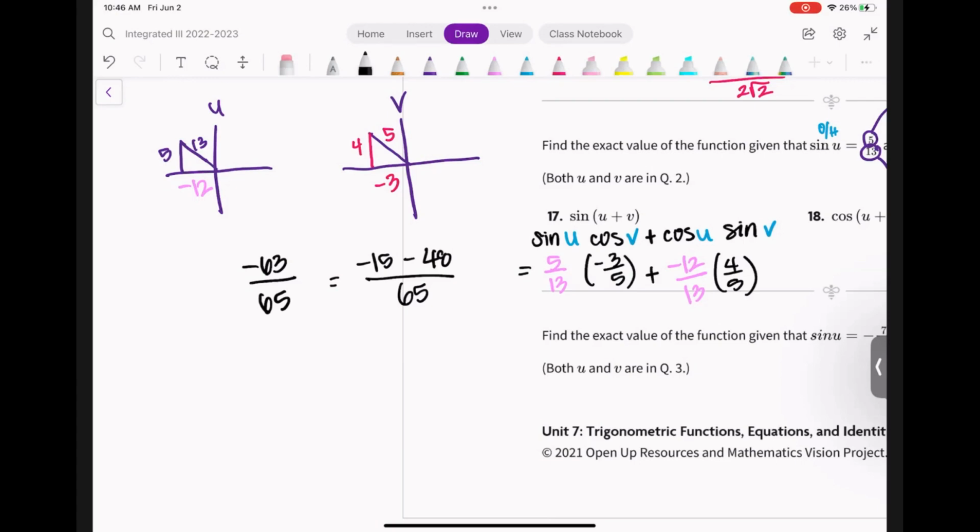The quote unquote new part is two parts. Number 1, drawing your triangles just like we did for u and v. And number 2, using the identities. Everything after that is old stuff. So if you're uncomfortable with drawing your triangle, that's probably going to hinder you a lot on this test.